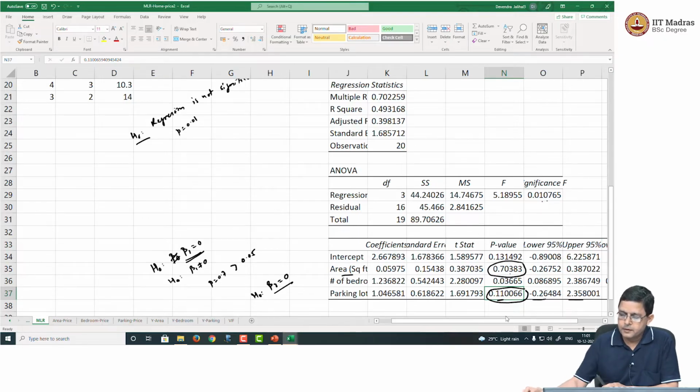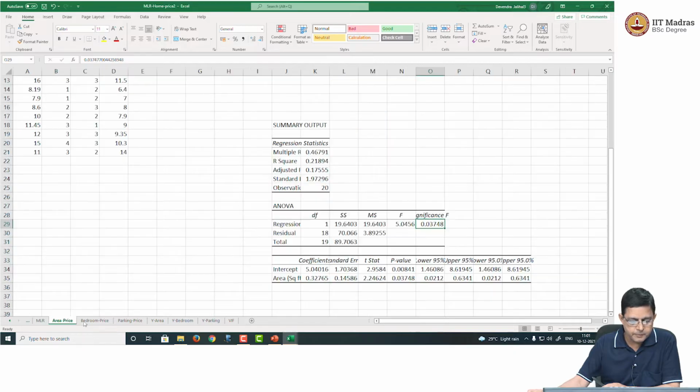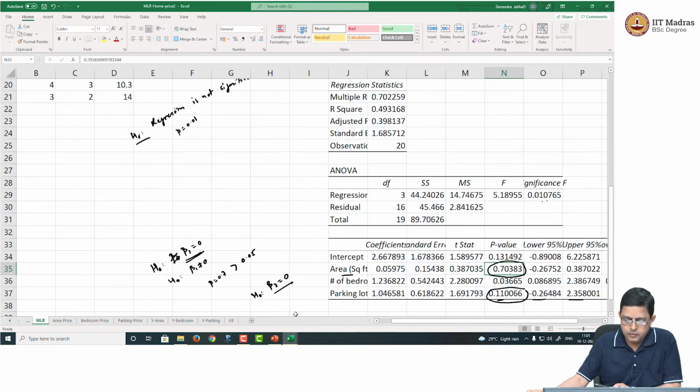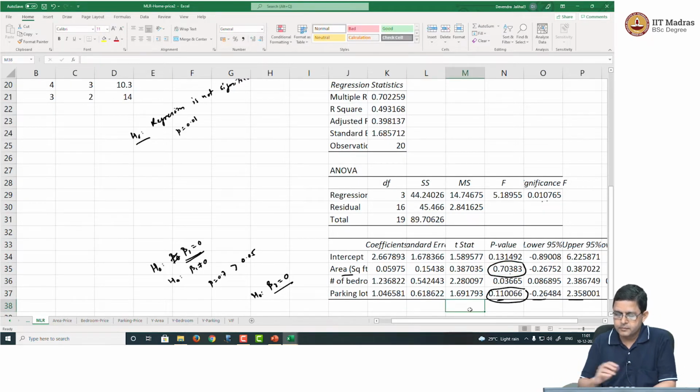Okay. So individually was area significant? Yes. In the simple linear regression, area was significant. P-value was only 0.03. Right. Now individually parking lots was significant.